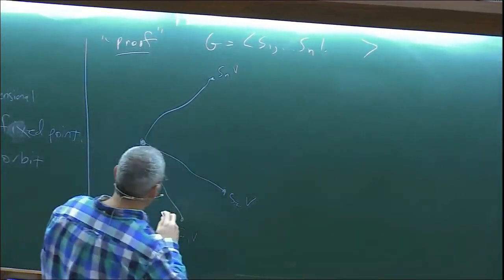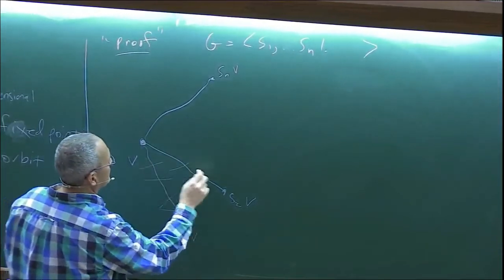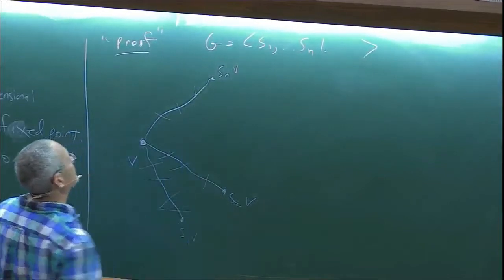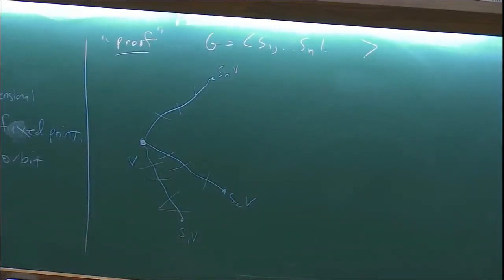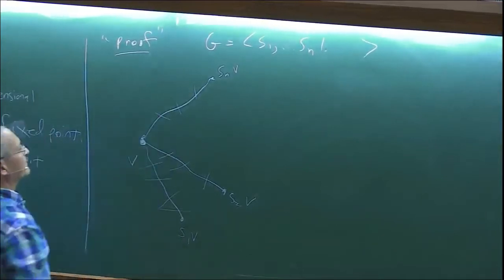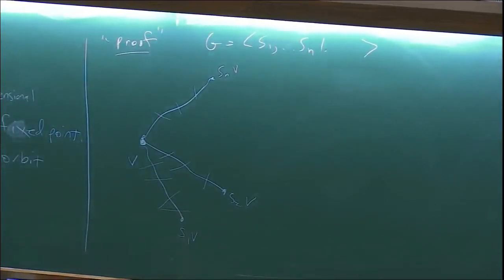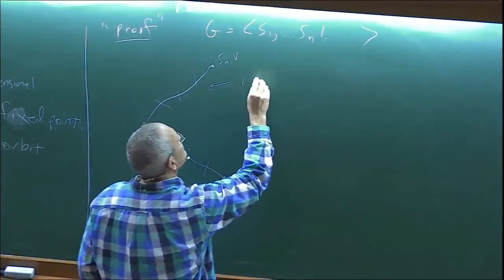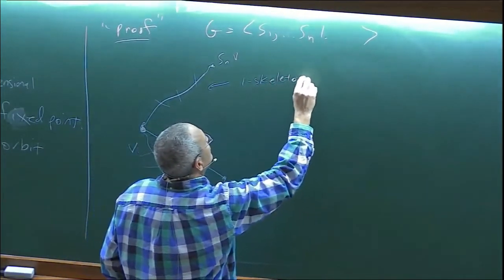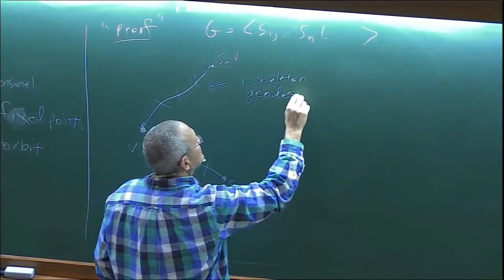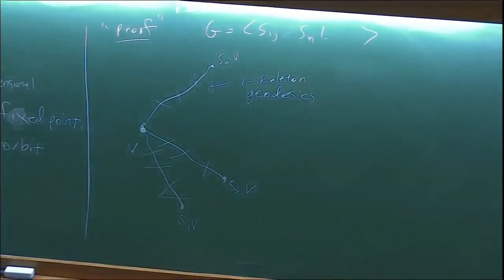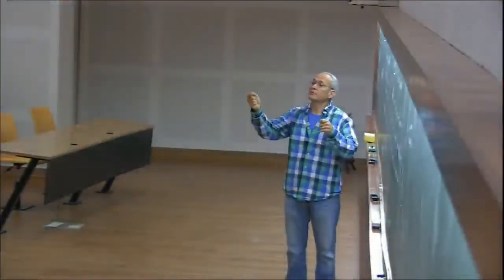And you look at all the hyperplanes that are crossed by the one-skeleton paths joining V and Si of V. These are one-skeleton geodesics, so shortest paths. If you take two vertices, the geodesic will cross only the hyperplanes that separate them, and exactly once.